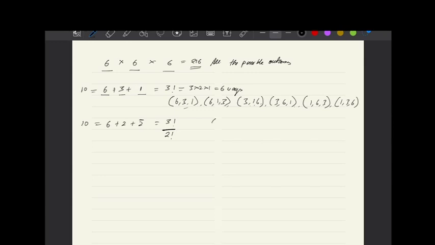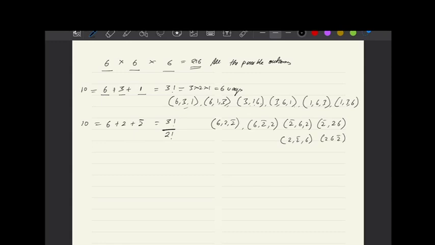We have 6, 2, 2 dash; 6, 2 dash, 2; 2 dash, 6, 2; 2, 6, 2 dash; 2, 2 dash, 6; and 2, 6, 2 dash.